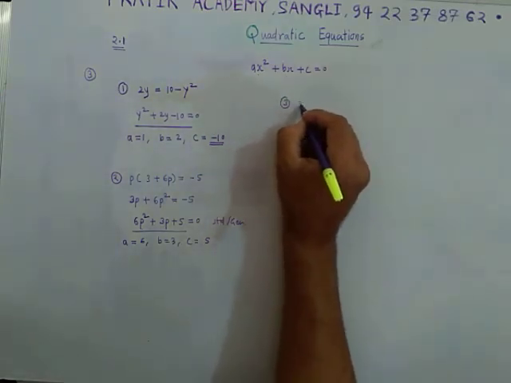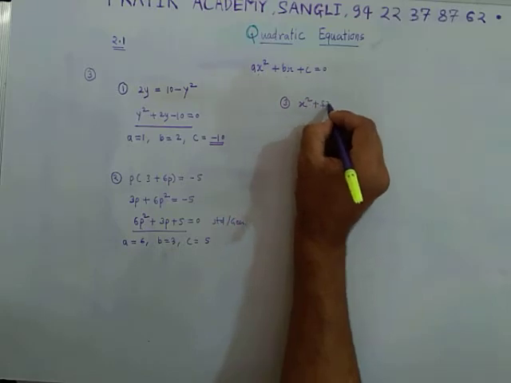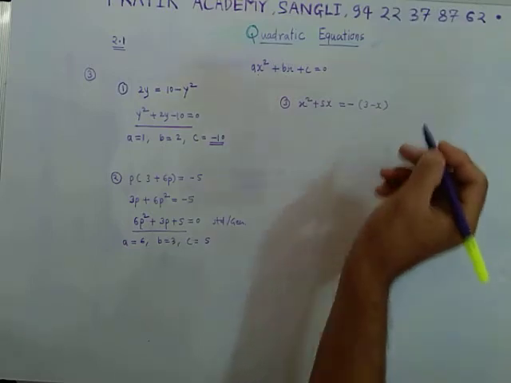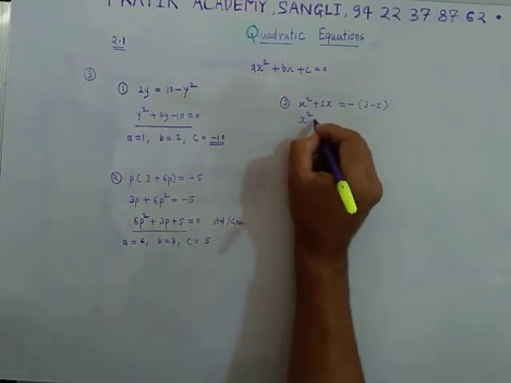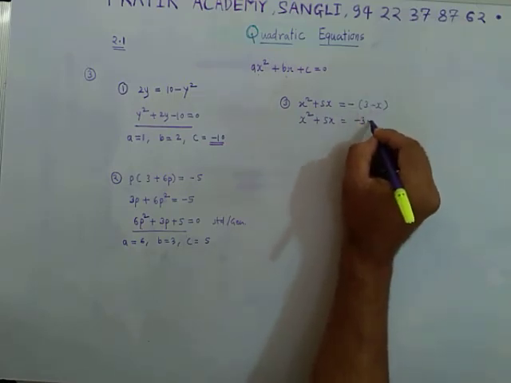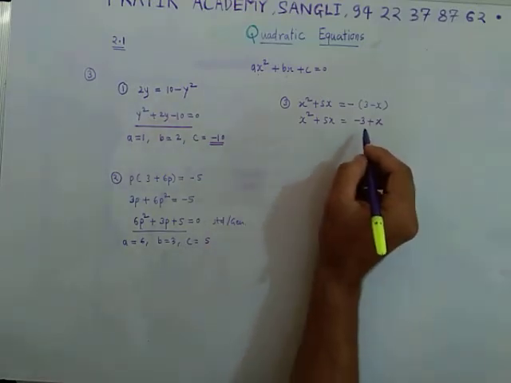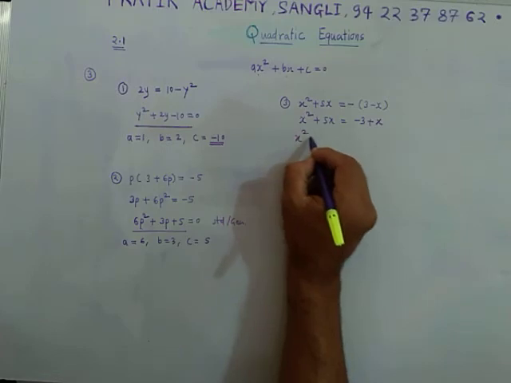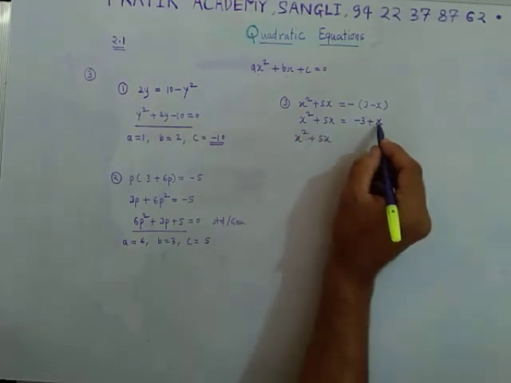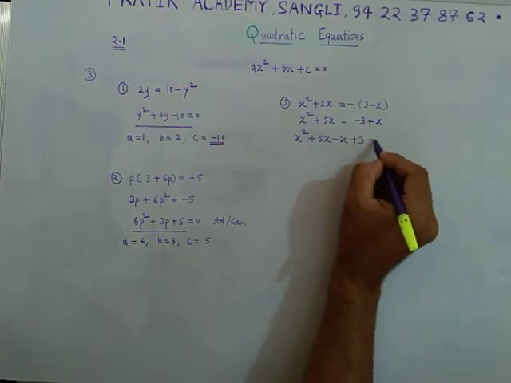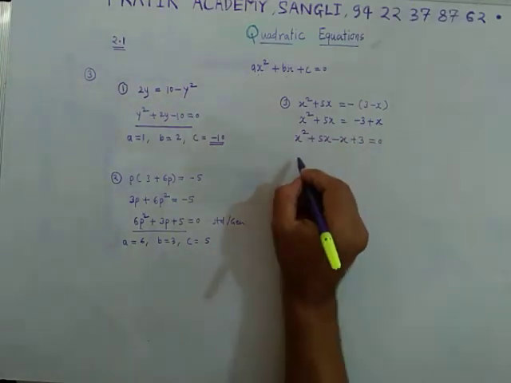Third one: x² + 5x = −(3 − x). First simplify: x² + 5x = −3 + x. Then take all these terms to the LHS. x² + 5x − x, because x becomes minus x, and −3 becomes +3, equals 0.